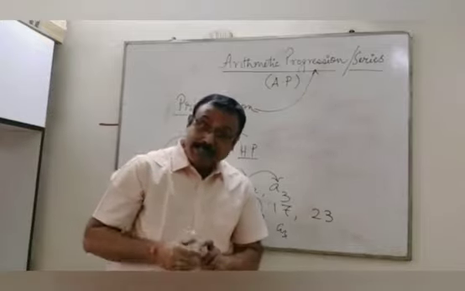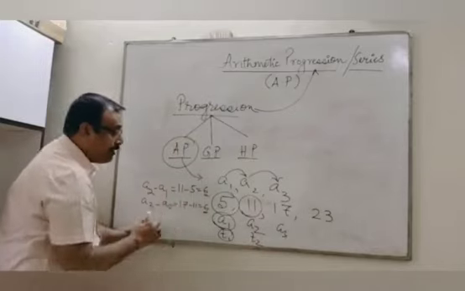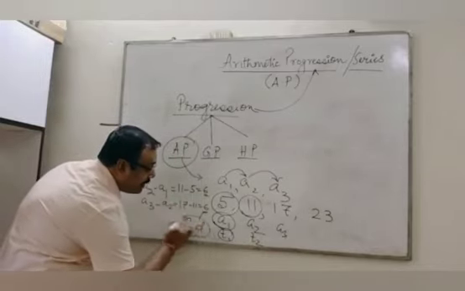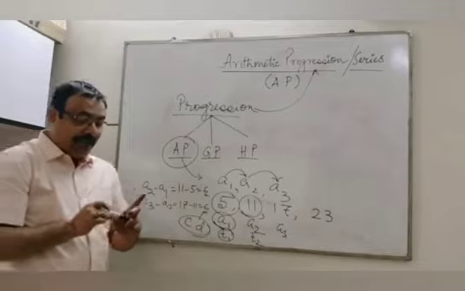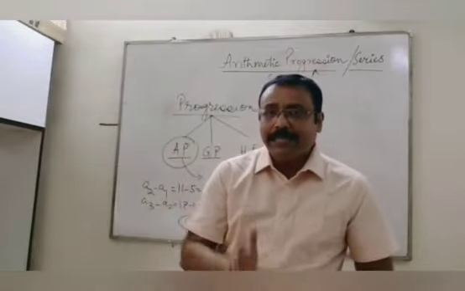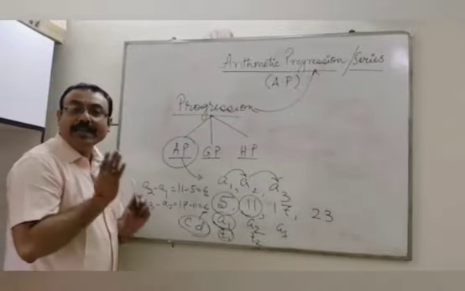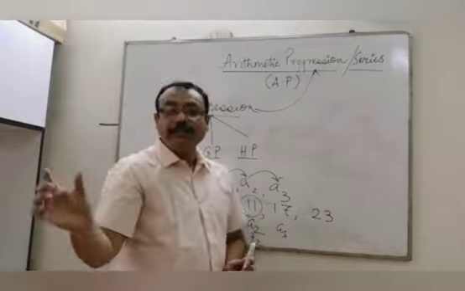In any series where this difference, called the common difference, or CD, stays the same, that particular series is called an AP series. So what is an AP series? An AP series is a series where the successive terms differ by a common difference.